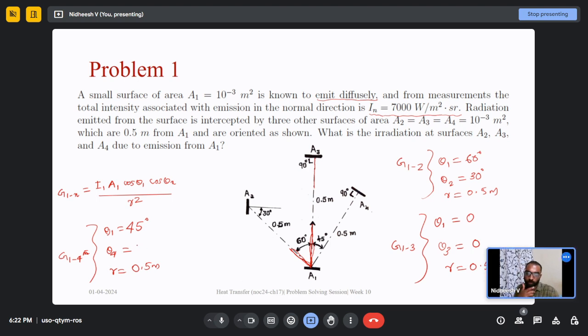Notice that this theta 4 is the angle between the normal to the surface and the line joining this surface and this surface. Both are the same lines, right?